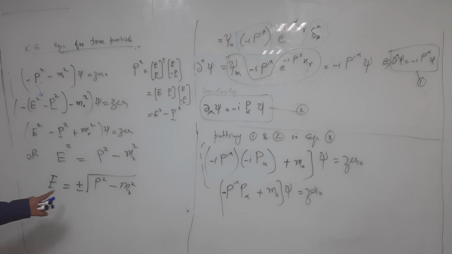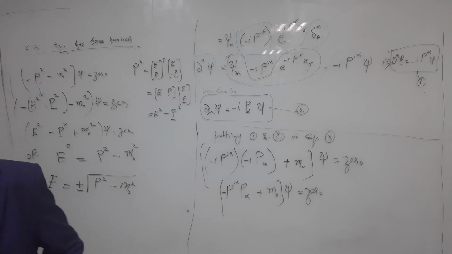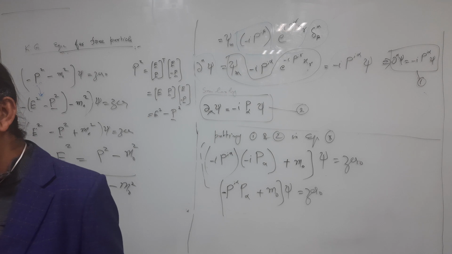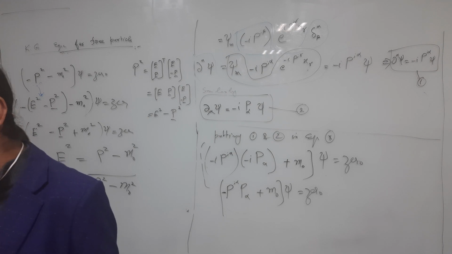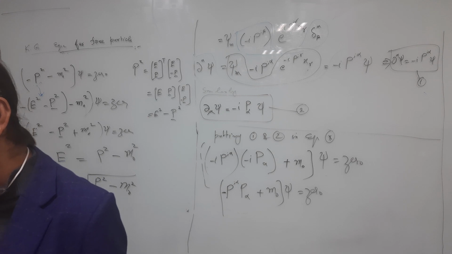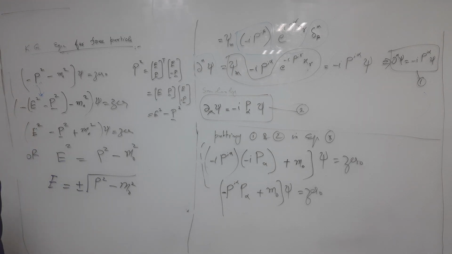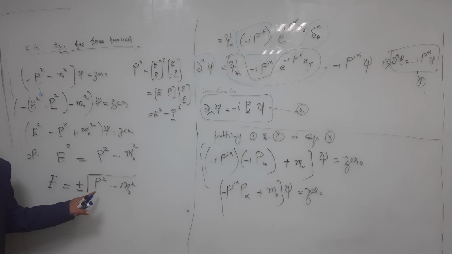But that is not the only problem in the KG equation. This is physics period, not gaming period. One problem is that it predicts that a negative energy exists.